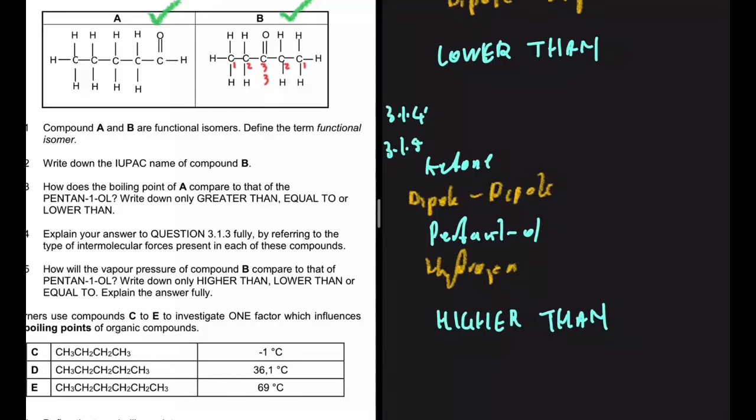What you need to know is that the stronger the intermolecular forces, the higher the boiling point, the higher the melting point, but the lower the vapor pressure. You need to know that.